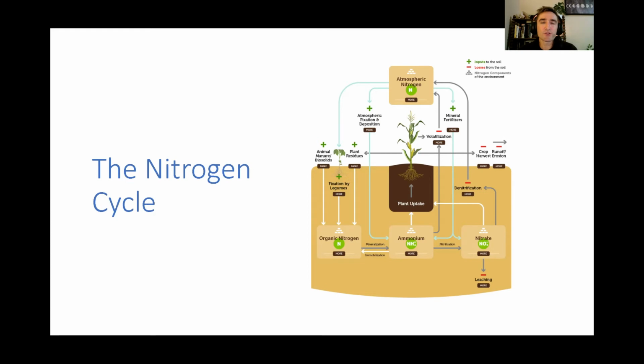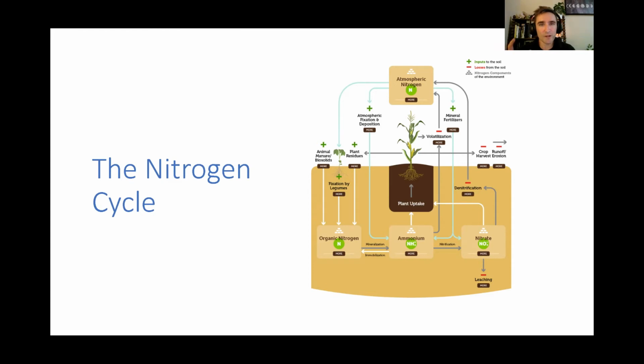The organic nitrogen in the soil gets picked up by living things and then taken into their bodies. When that happens, that's called immobilization because the nitrogen's been immobilized. It cannot move anywhere because it's inside the bodies of the organisms.